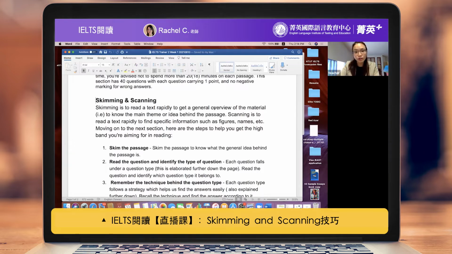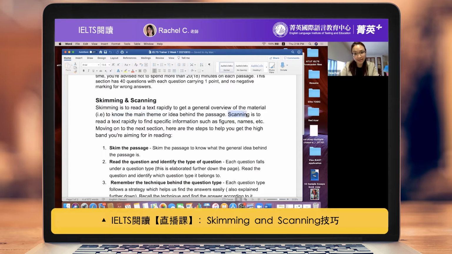You have to get a general overview. So that's skim, right? And to know the main theme or the main idea behind the passage is very important. It takes time to practice, but it will get better. The proficiency level will increase.